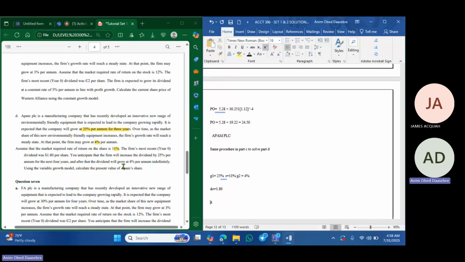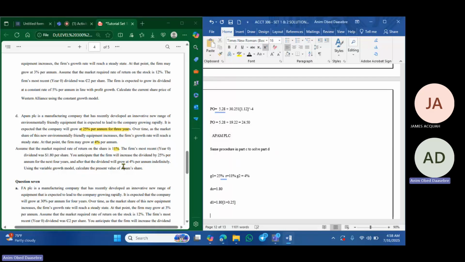So we find our D1, which is what? 1.80 multiplied by 1 plus the first rate 25%, 2.25.